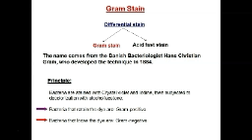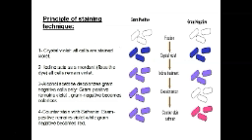Then it is subjected to decolorization, in which alcohol or acetone is used as a decolorizer, and this removes the CVI complex from the bacteria if it does not retain the stain. Then the secondary stain is used, which stains the bacteria with the secondary dye.